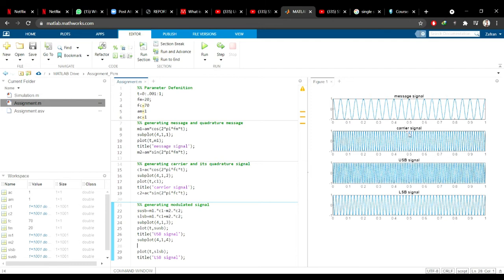The second is the carrier signal, the third is the USB signal, and lastly the LSB signal. We notice that our sideband signal has higher frequency than the carrier signal. Moving to the Simulink, firstly I will show that this is our circuit for the single sideband modulator.